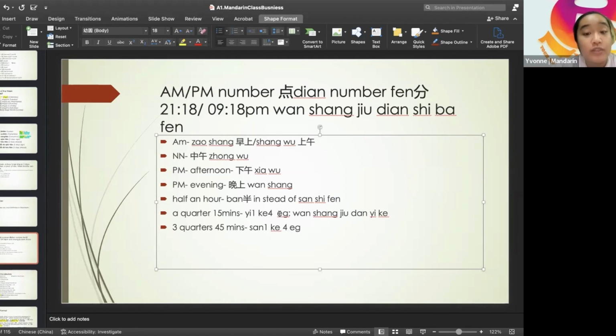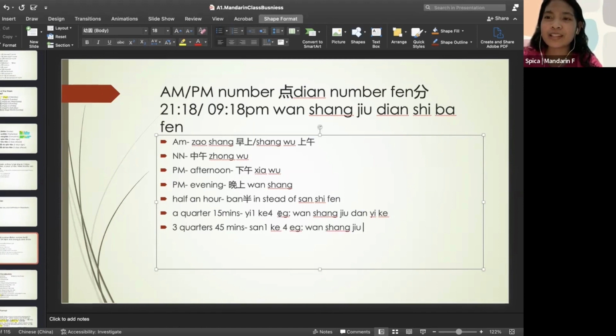Again, let's use 9:45 as the example. So Spiker, I think you know how to do it already. How do you do it? 晚上9点3刻. Very good. 晚上9点3刻. Very good.